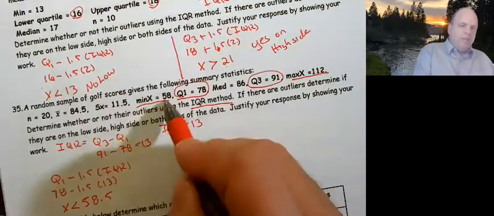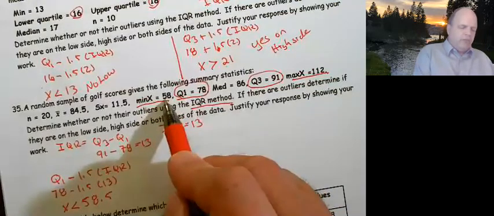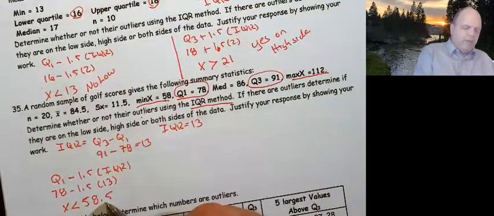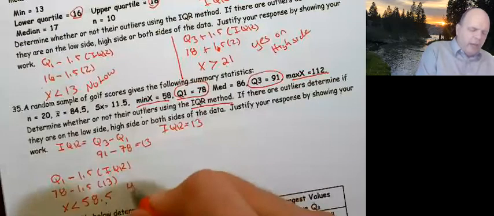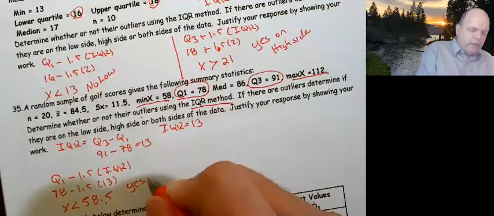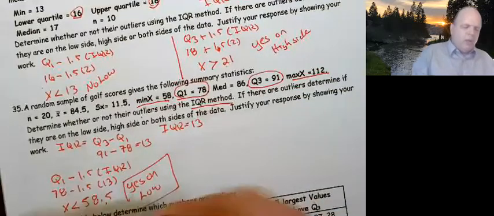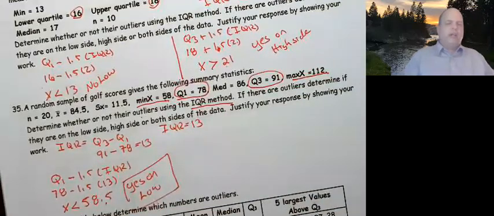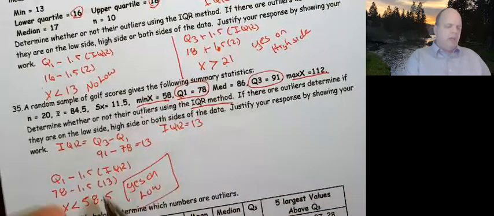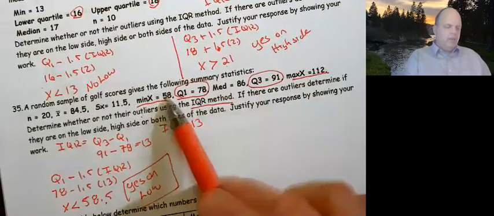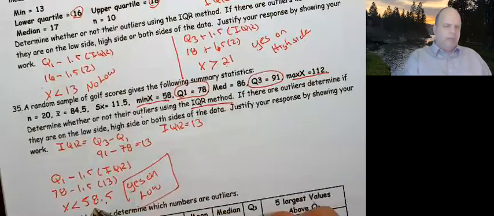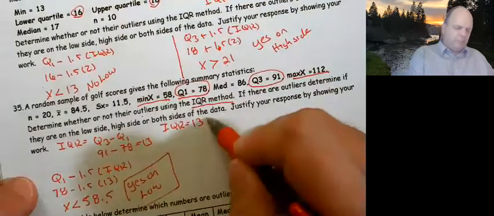Well, my minimum value is 58. It's less than 58.5. So yes, I have an outlier on the low side, because 58 is less than 58.5. So that's the low side.